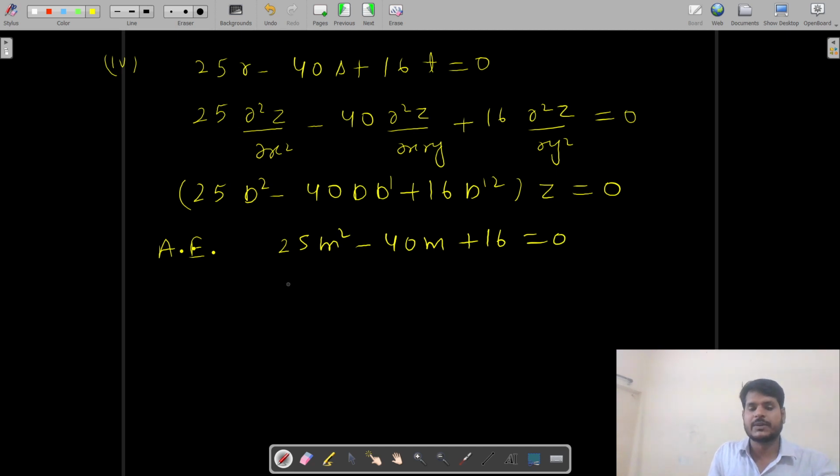Now this is 5m minus 4 whole square equal to 0. So you have m equal to 4 by 5 and 4 by 5. Is that clear? So this is the repeated root case.